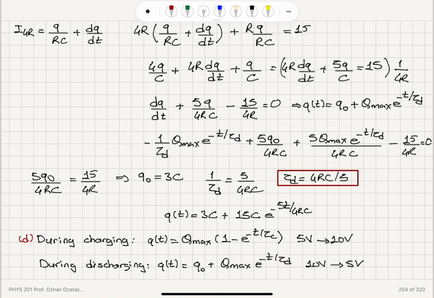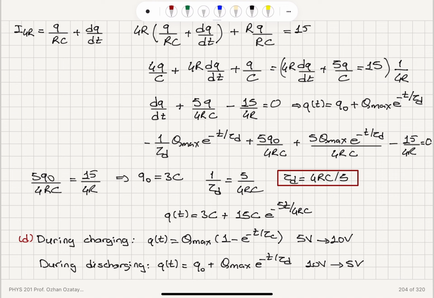And at t is equal to 0 here, I'm going to have Qmax plus, so if you put t is equal to 0 here, it's going to give you Qmax plus Q0 for the charge, but that's basically not going to apply here, because as t goes to infinity, we're going to cut the process of discharging and start charging again.